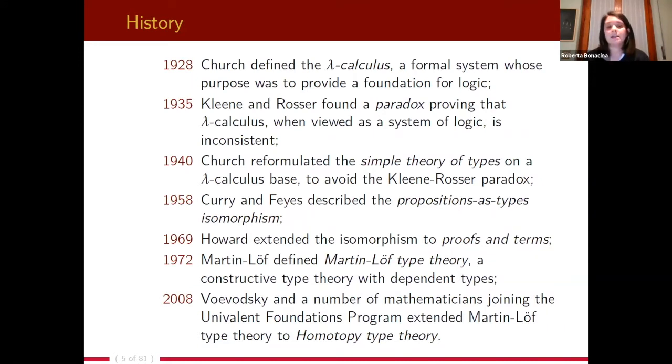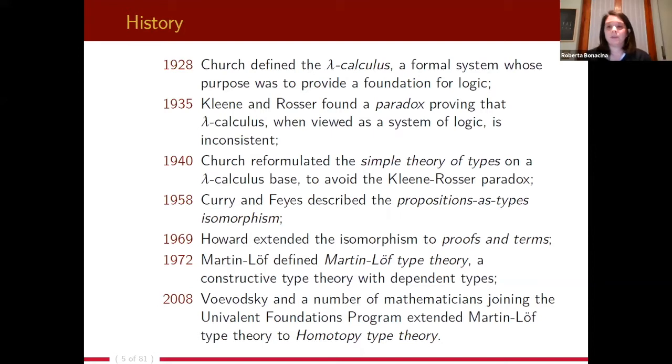Then in 1958, the propositions as types isomorphism was introduced by Curry and Feys. And this isomorphism, as we will see, proves that the simple theory of types works very well as a logic. And then this isomorphism was extended by Howard to proofs and terms.